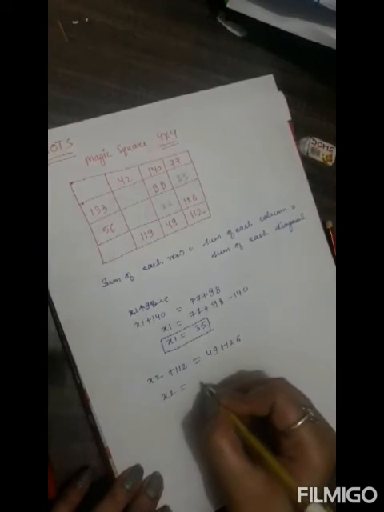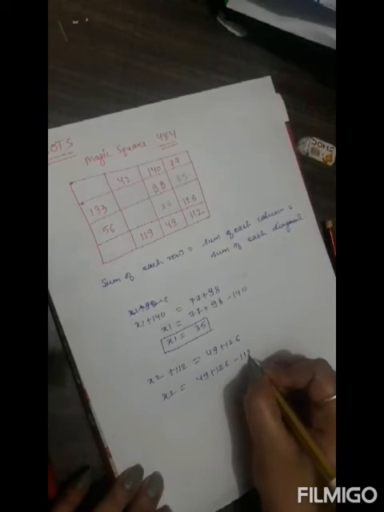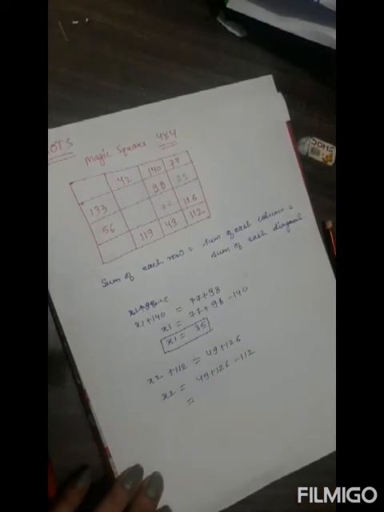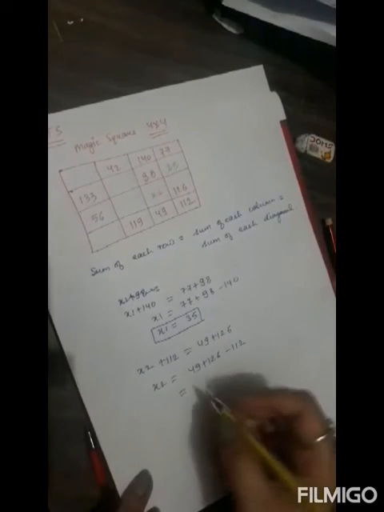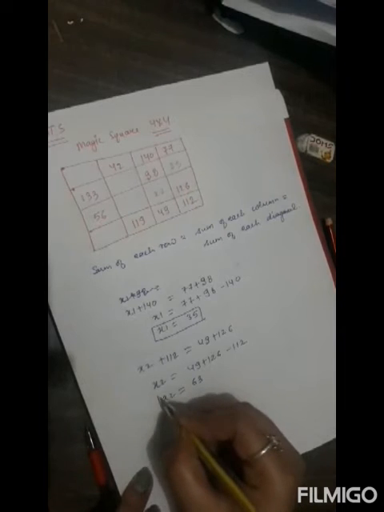So x2 is equals to 49 plus 126 minus 112 is equals to, you can calculate it, so it is coming out to be 63. So value of x2 is 63. Here you can write 63.